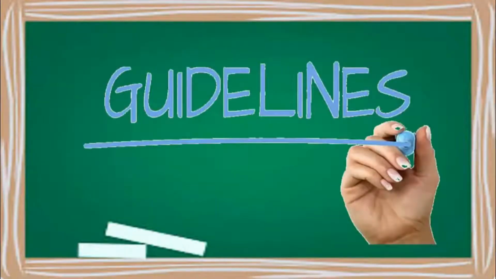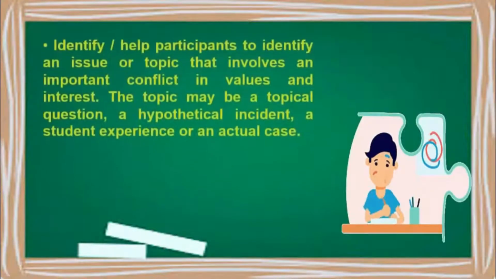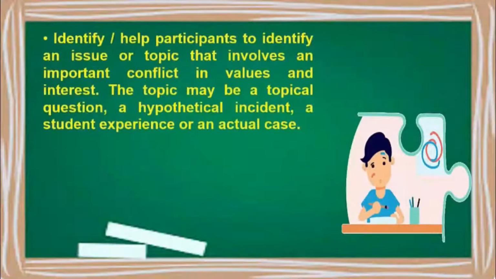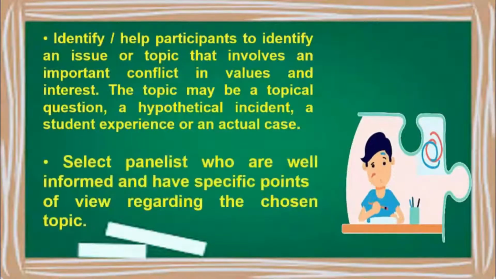To have a successful panel discussion, follow these guidelines. First, identify or help participants to identify an issue or topic that involves an important conflict in values and interest. The topic may be a topical question, a hypothetical incident, a student experience, or an actual case.